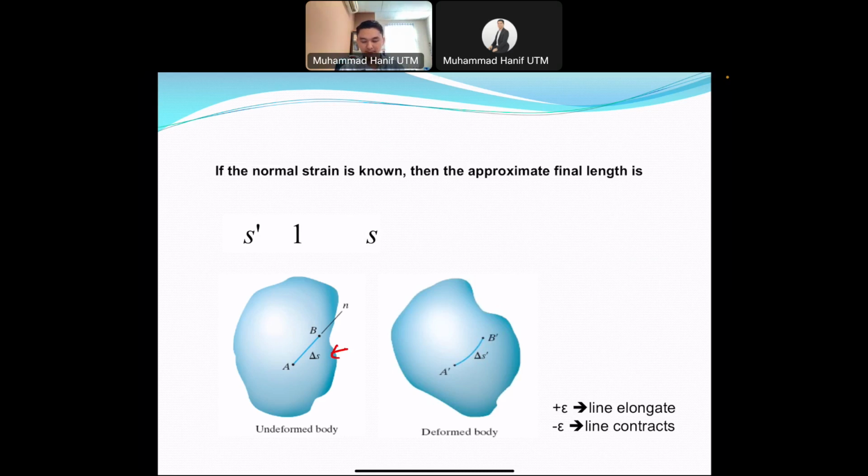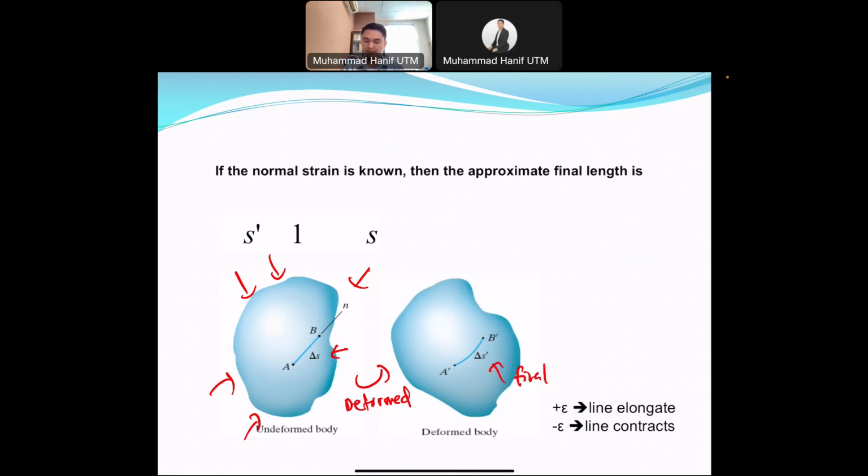Delta S. Once we have external forces acting on this body, for example by pushing like this, it is only an example, it will be deformed like the second image. And we have a final length, which is delta S prime.